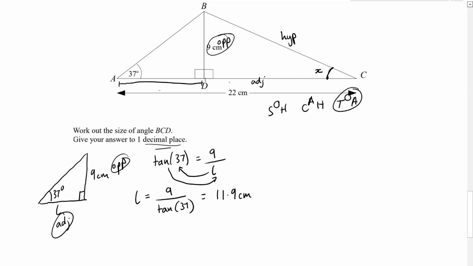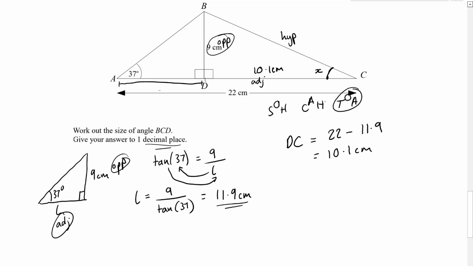But if A to D is 11.9 centimeters and A to C is the whole 22, then the distance of D to C must be equal to 22 minus the 11.9, which we'll find is 10.1 centimeters. Okay, so now we know the opposite, and we also now know the adjacent as well.